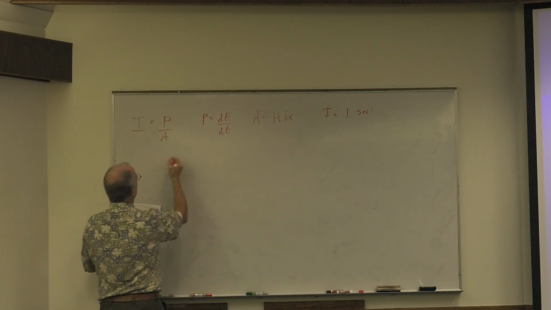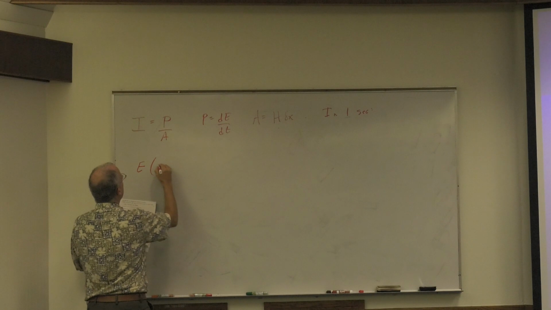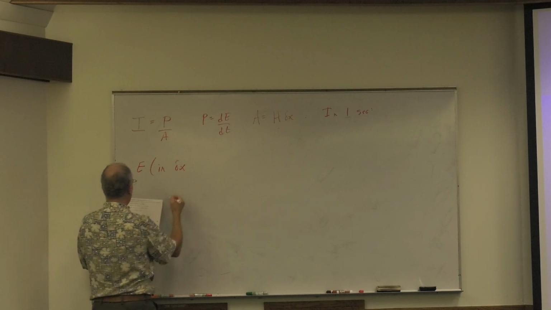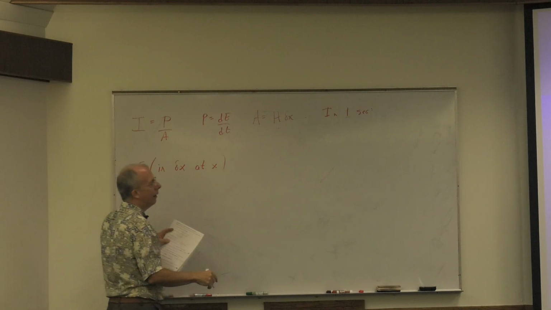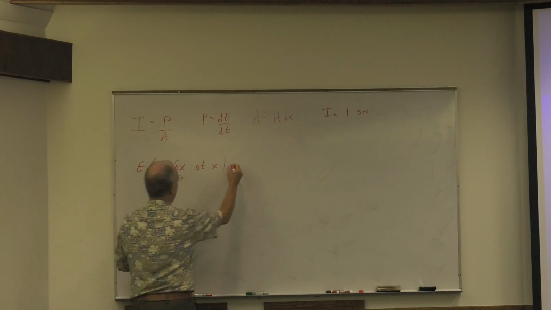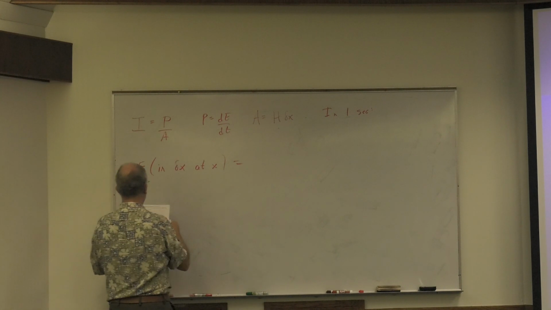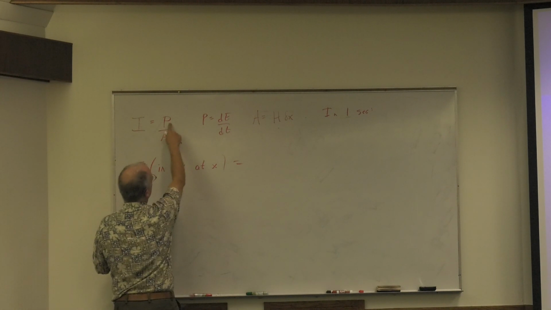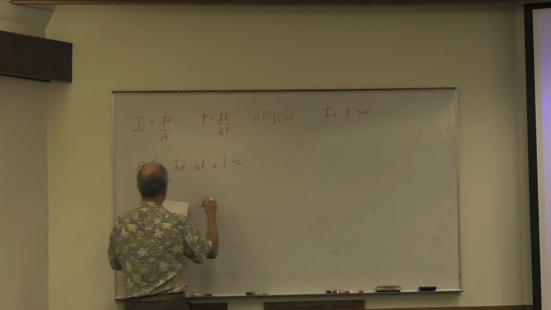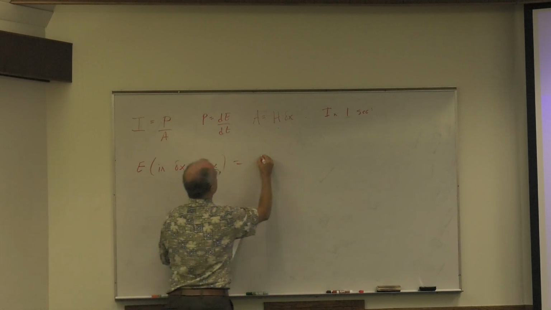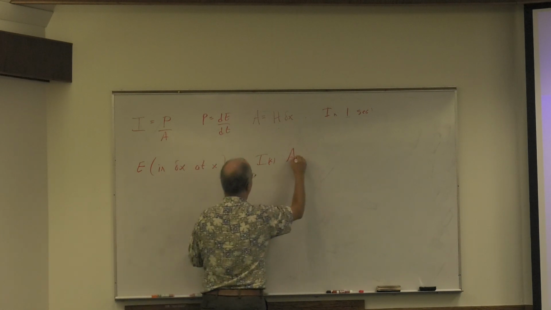All right, so we're going to say that the expected value of energy in the width delta x at some value x. Now what is that? Well, again, this is energy, this is area, this is intensity, right? And the power is the energy because we said the time was 1 second. So the energy is just the intensity at x times the area. All right?